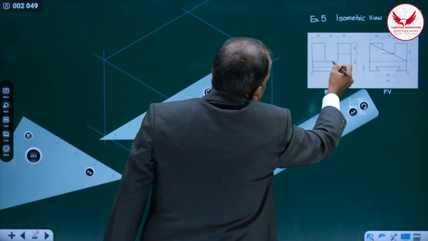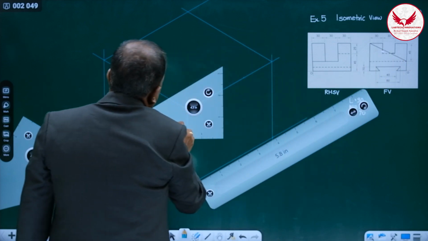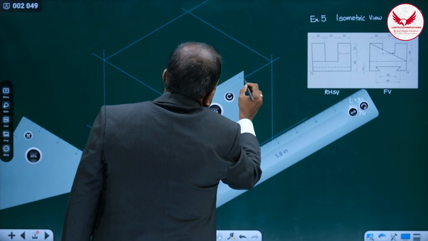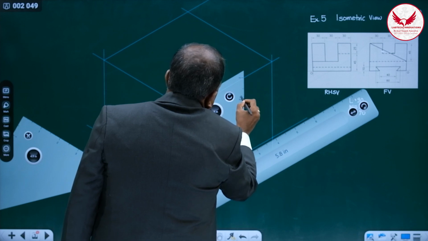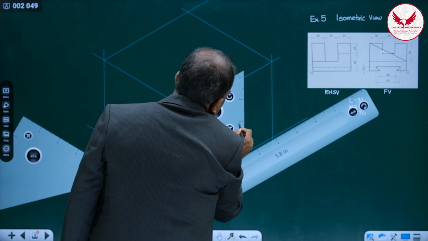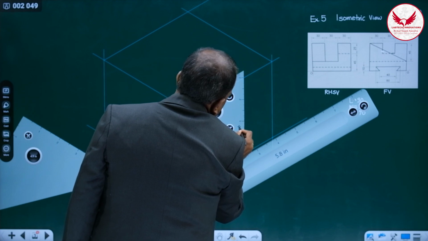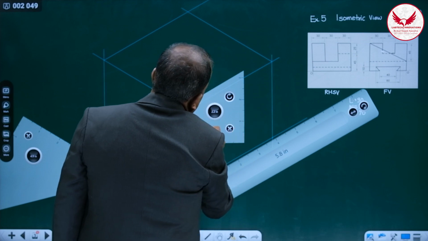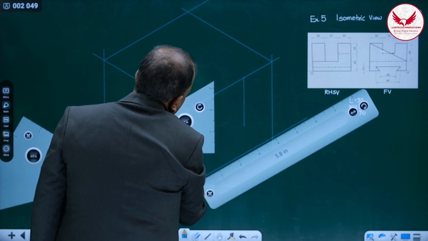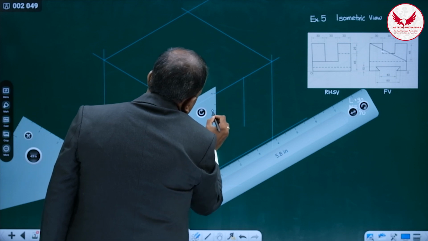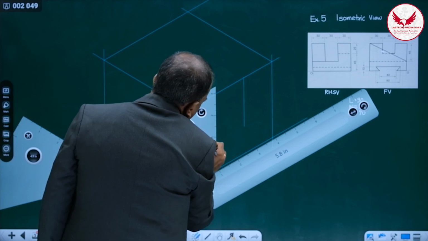This dotted means it is matching with this. 45 from the top. So it is 10, 20, 30, 40, 45. The same thing over here also: 10, 20, 30, 40, 45.